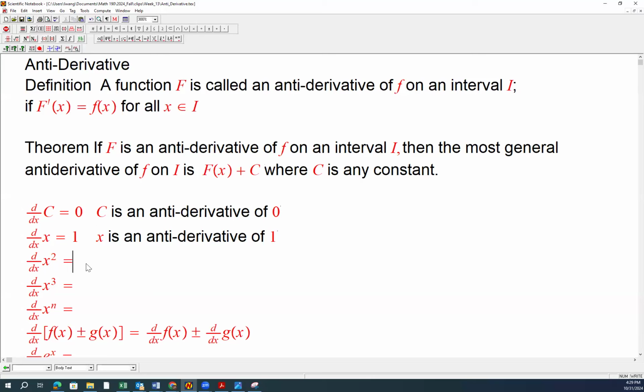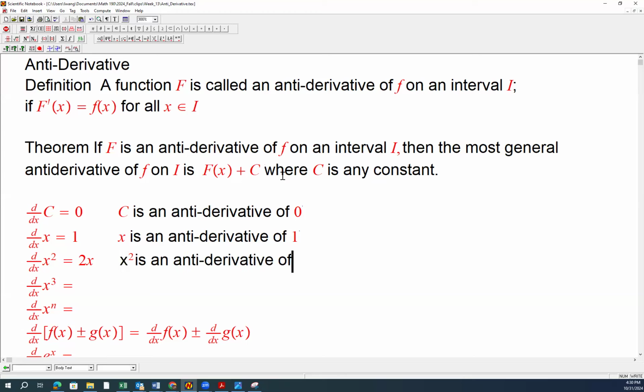The derivative of x squared is 2x. And then what can we say? Well, we can say x squared is an antiderivative of 2x.